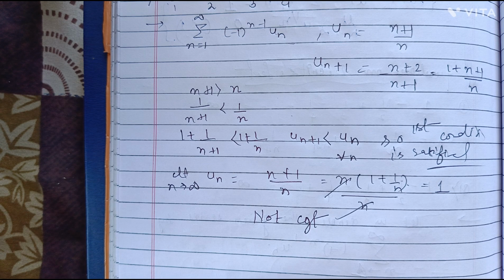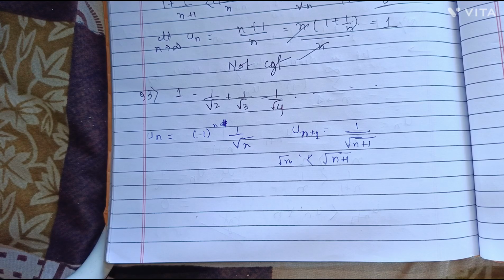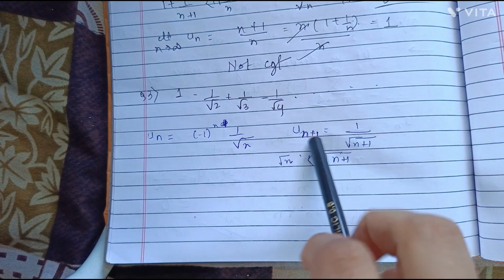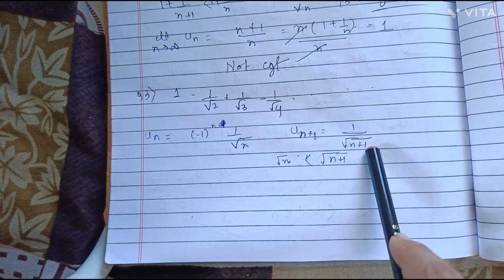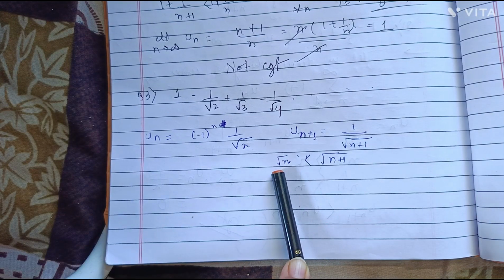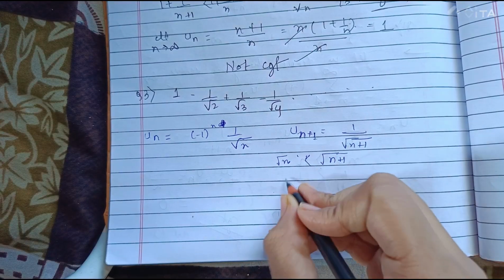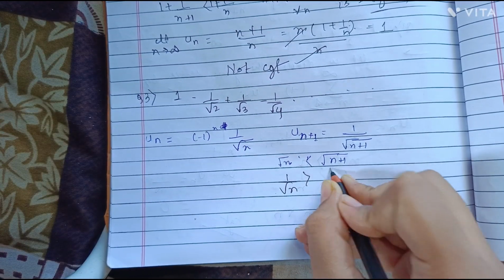Okay, so yeah, here is the third question. So this is the un, this is the un plus 1, and root n is less than root n plus 1, so the reciprocal will be greater.